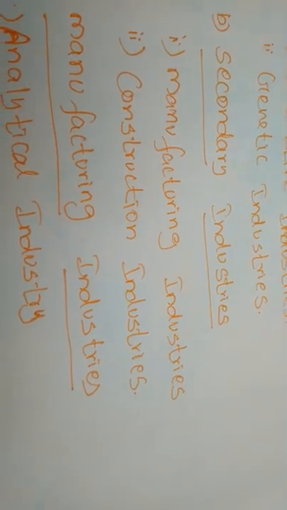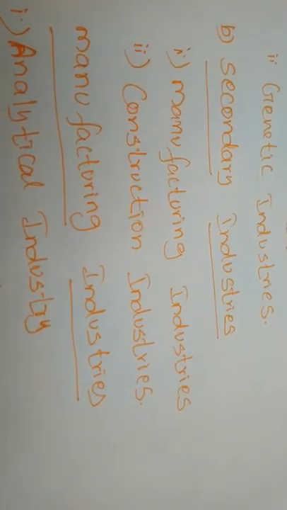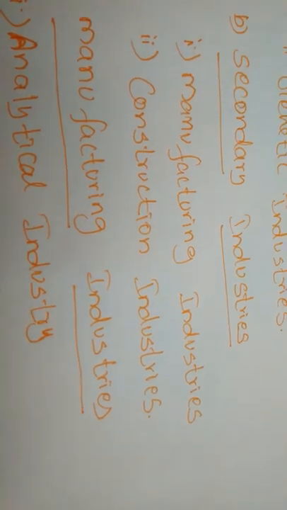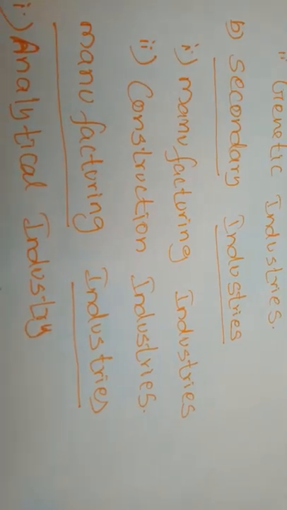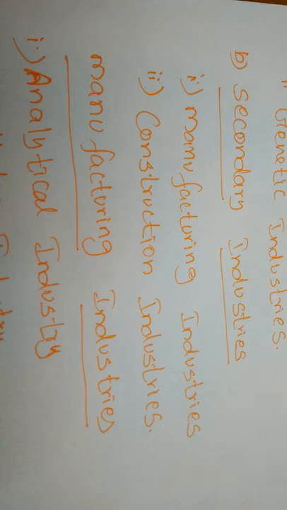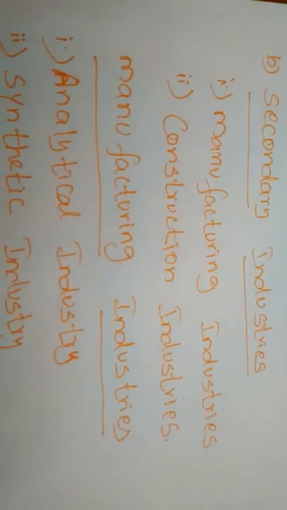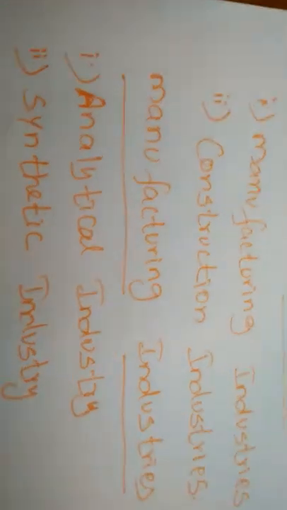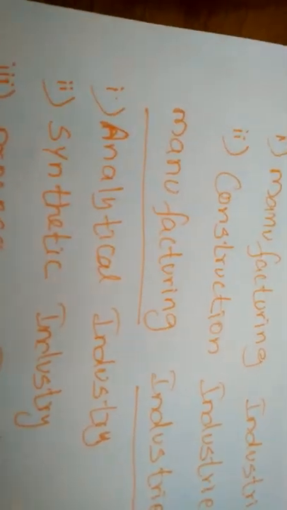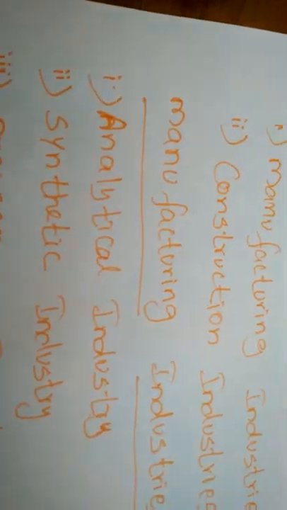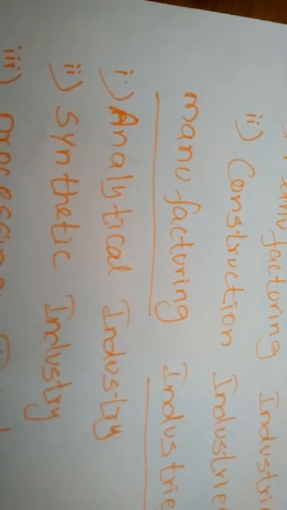The secondary industries are also classified into two types. First is manufacturing industries and second is construction industries. Manufacturing industries are engaged in producing goods through processing of raw materials, thus creating form utilities.